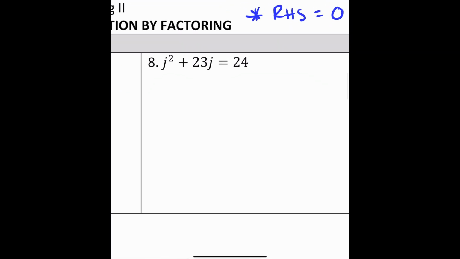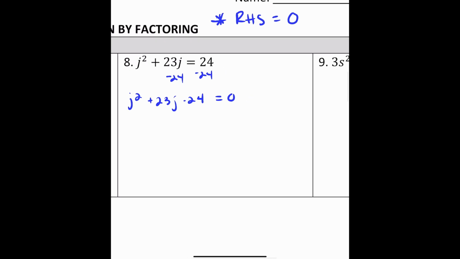For number 8, notice that the right-hand side is not 0, so I need to subtract both sides by 24. So j squared plus 23j minus 24 is equal to 0. And then I can go ahead and use the x method to figure out what the two numbers multiply together. That'll give you negative 24.